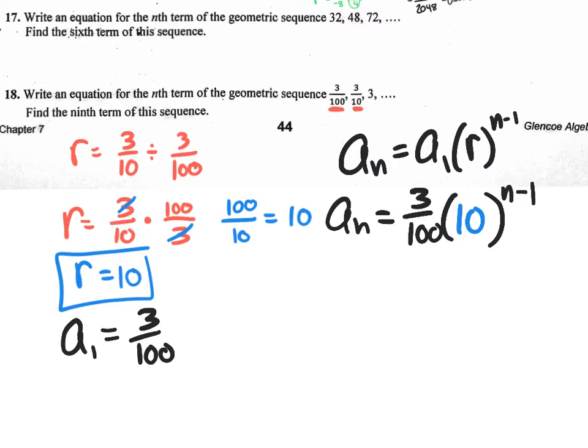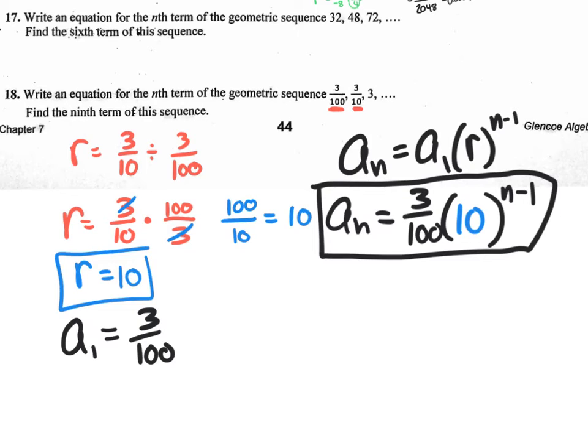Believe it or not, this is the machine that produces the list that you have up there on number 18. So if I plugged in 1, I'd get 3 over 100. If I plugged in the number 3, I would get the third number, which is 3. Okay? But they want the 9th number, right? They want the 9th number. So I'm going to write it as a sub 9.